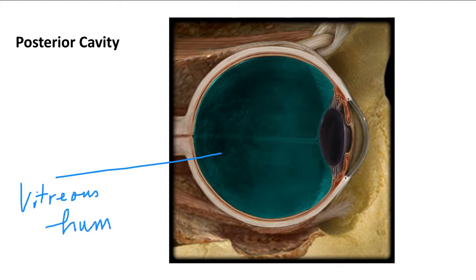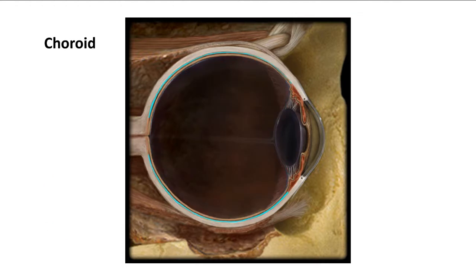Okay, vitreous humor. The second layer, see all this blue color, second layer, choroid. You might see that again, ciliary body, and you can see the little fibers that come down. That's the suspensory ligament.